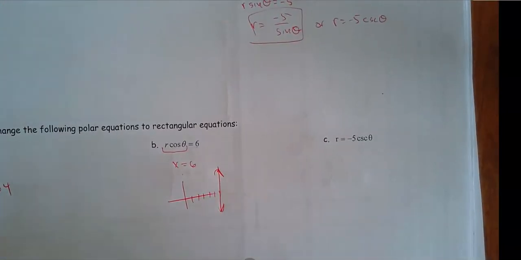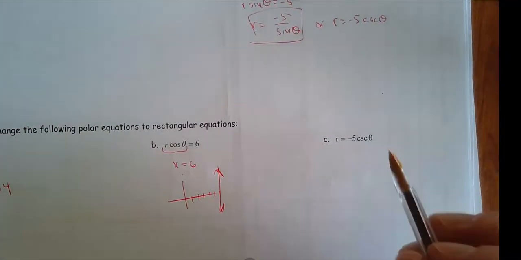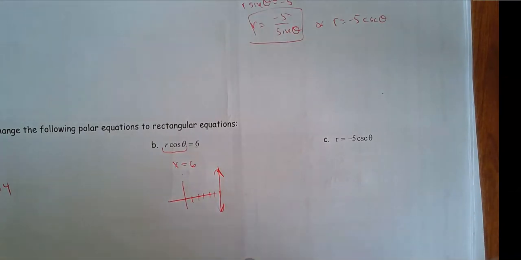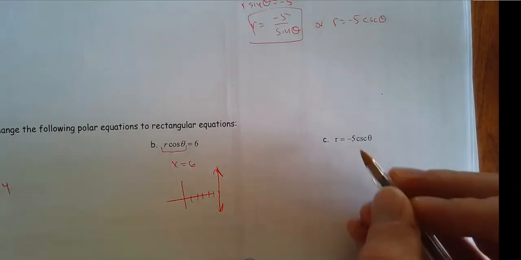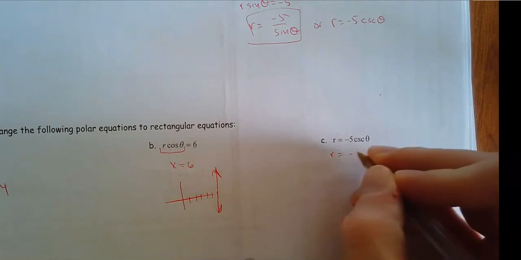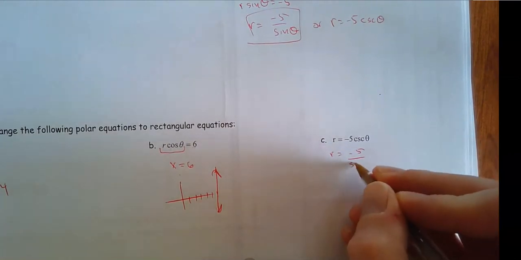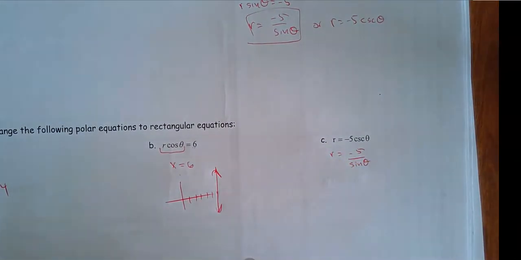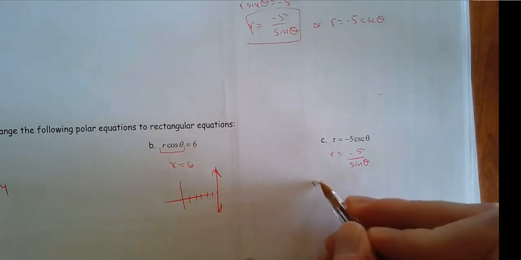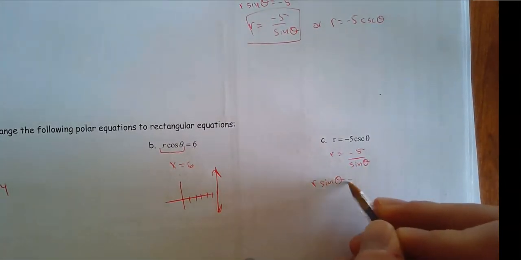And then this guy here, I want to get in rectangular form. So first off, I'm going to rewrite this as -5 over sine theta. Bring the sine over, so it'd be r sine theta. And the reason I did that is because r sine theta is y.